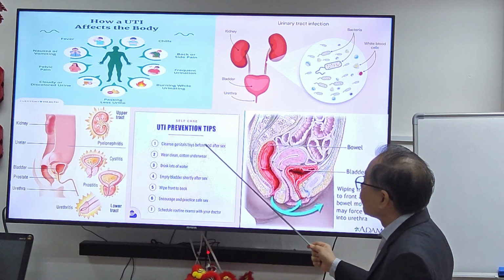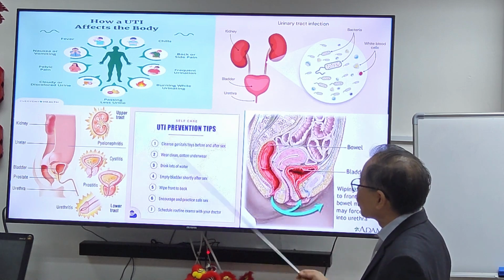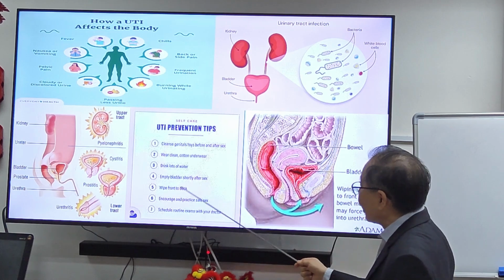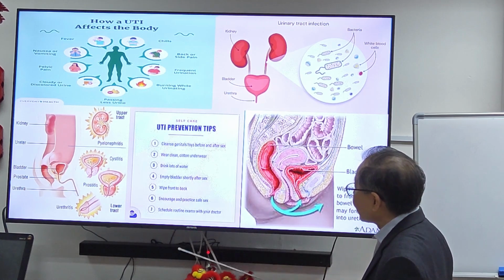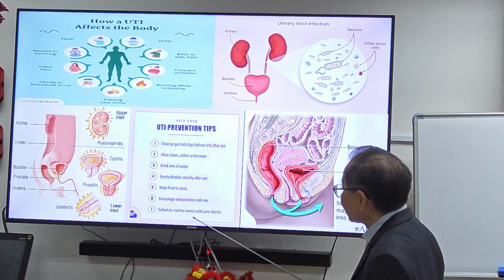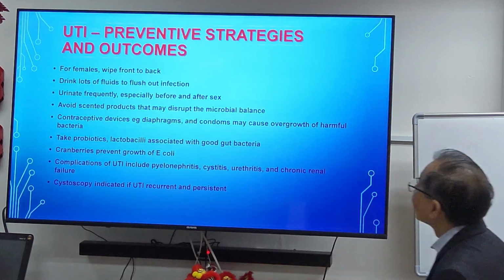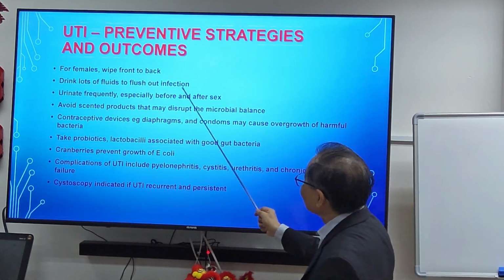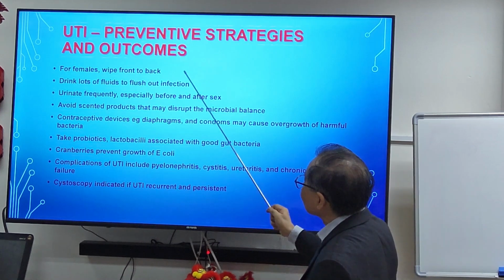For females, always make sure you clean your genitals before and after sex. Lots of water, empty bladder, wipe front to back, safe sex. Preventive strategies: front to back, drink lots of fluids, urinate frequently.